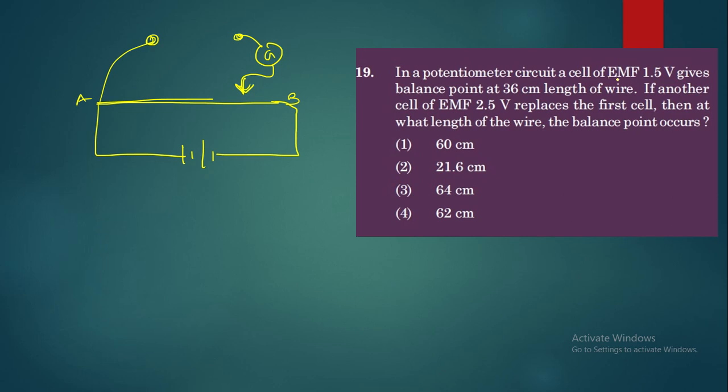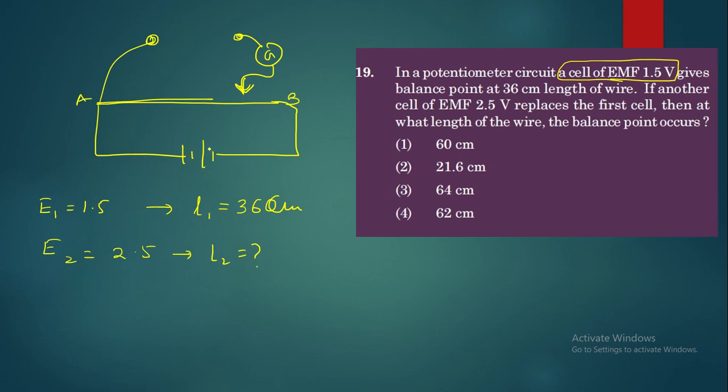When we connect a cell of EMF 1.5 volt in the potentiometer, the corresponding balance length comes out to be 36 centimeter. Now if we replace it with 2.5 volt, what will be the balance point?